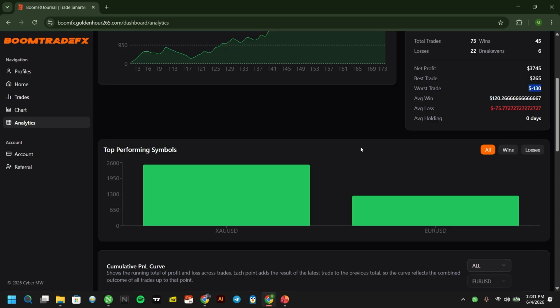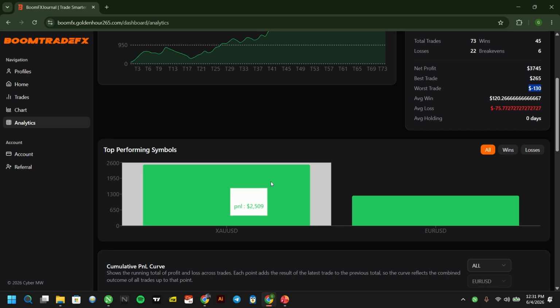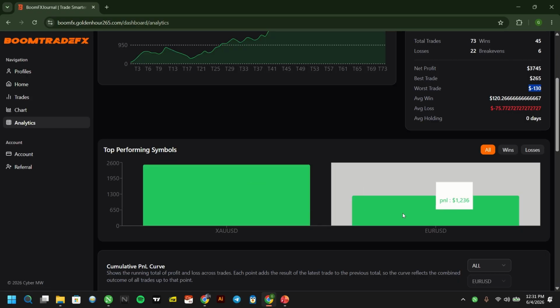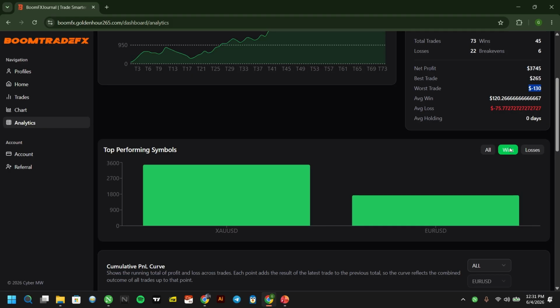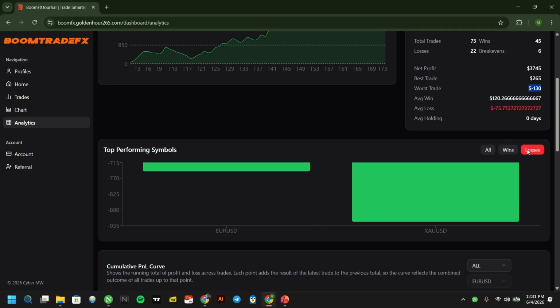For example, here we can see that my strategy is working best with gold and not Euro USD, because gold has a larger bar in profits with $250,000 P&L, and Euro USD only has 1,000. We can also see which one had the most wins, obviously gold, and which one had the most losses.